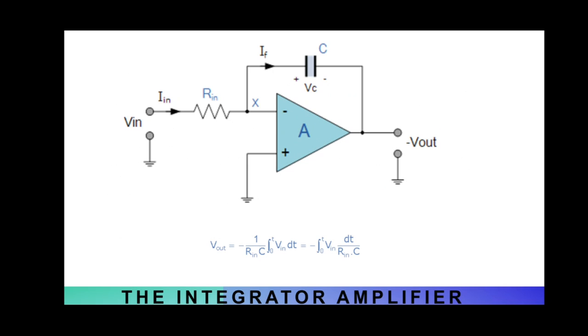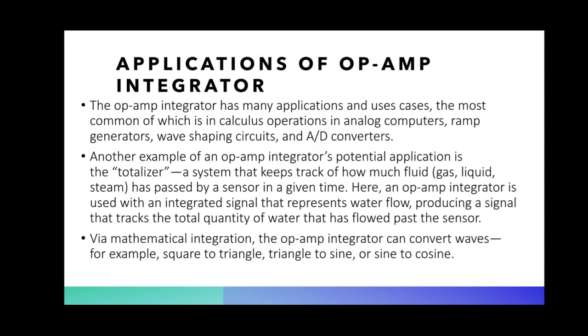The output voltage of the integrator amplifier is equal to minus of 1 by Rn into C, integral of 0 to t, Vin dt. The applications of the operational amplifier integrator: it has many applications and uses, the most common of which is in calculus operations.